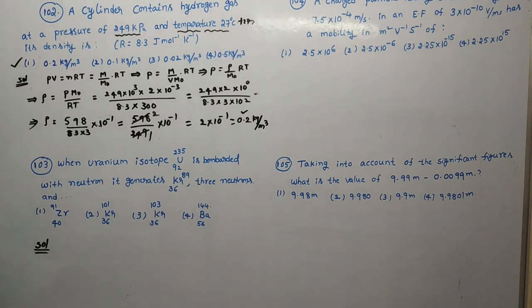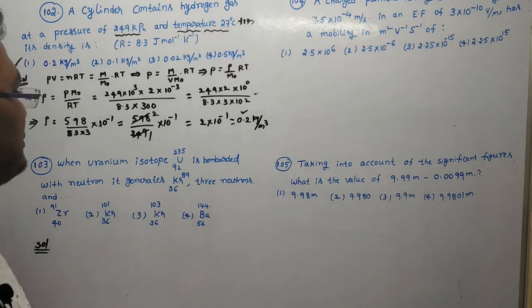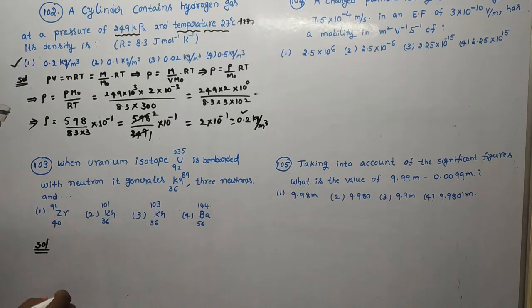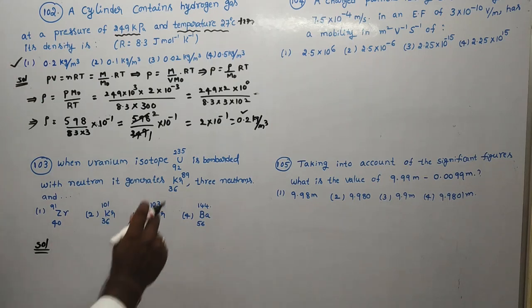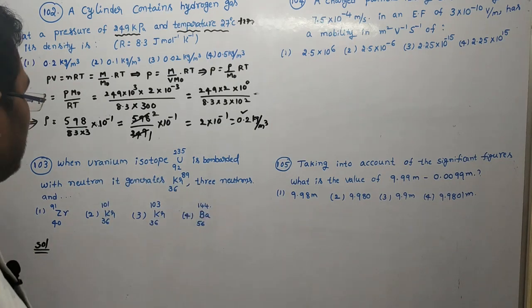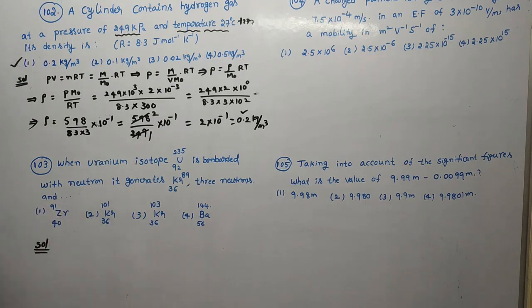The next question is, when the uranium isotope U-92-235 is bombarded with a neutron, it generates krypton 36-89 and 3 neutrons and dash, that means we have to find the remaining product. Let's write the equation of the reaction.